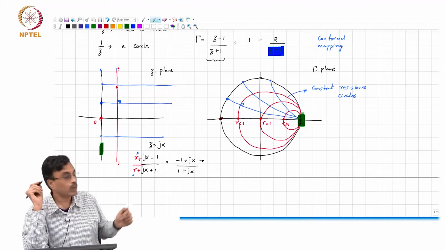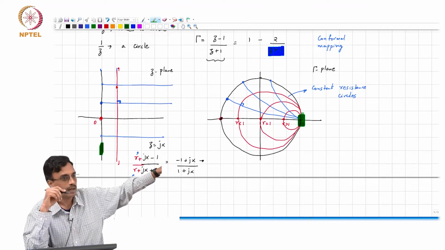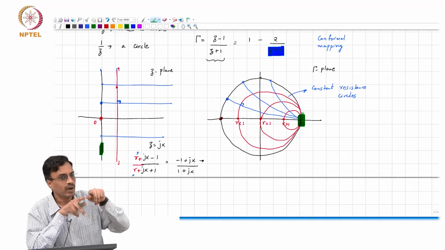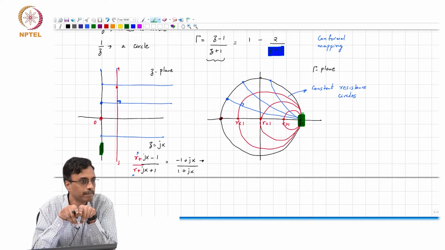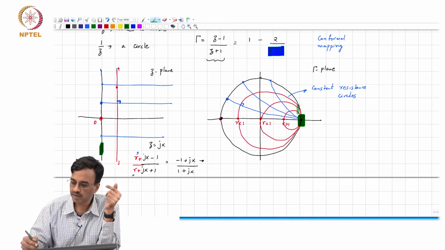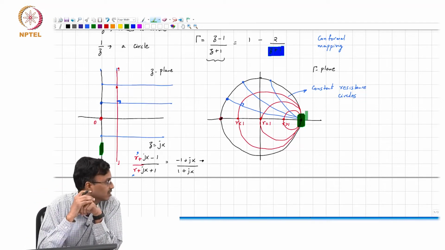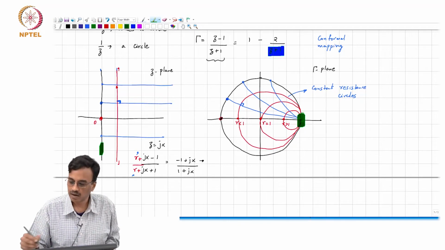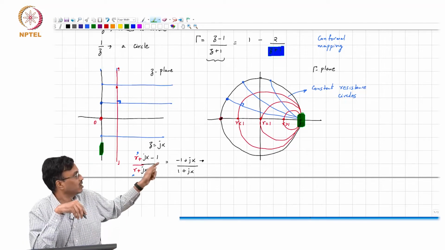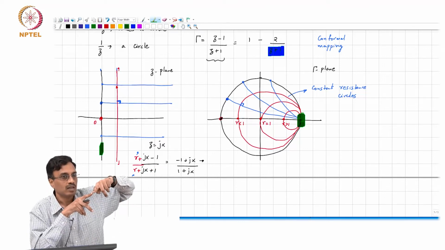The blue lines in the z plane meet, but when they meet, what is the angle between them? The angle between them is 0, correct. So basically they all approach +1 in that fashion, and when they meet at infinity, the red line is still perpendicular to the blue line.